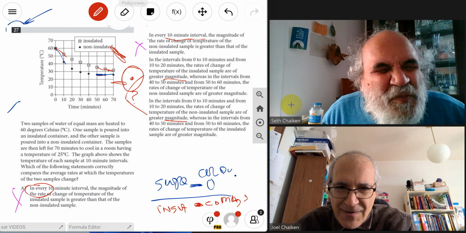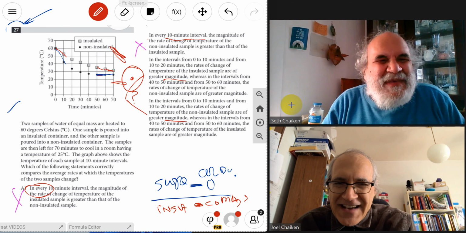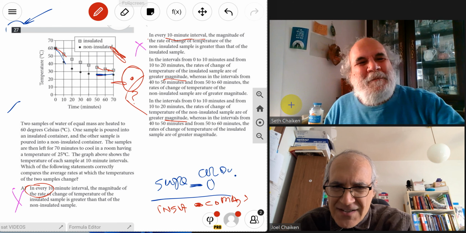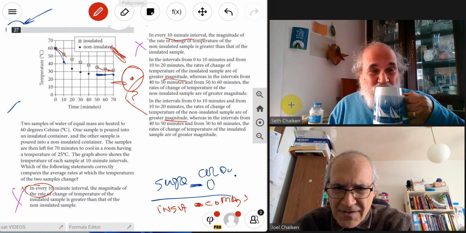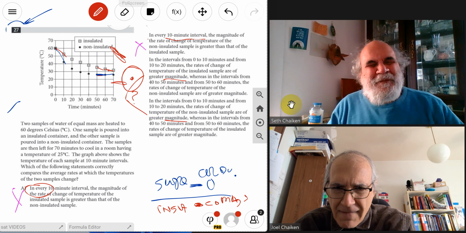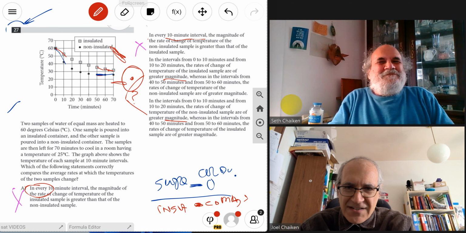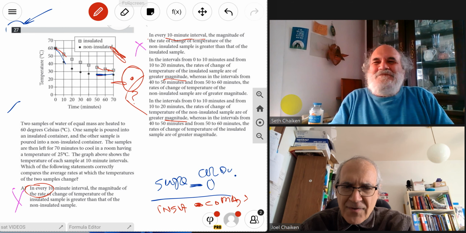Anyway, let's give this the slopiness of the slope. And now this one: the rates of change of temperature of the insulated sample are of greater magnitude.